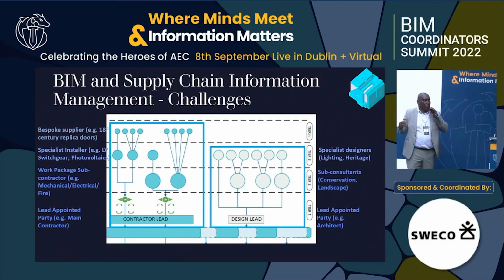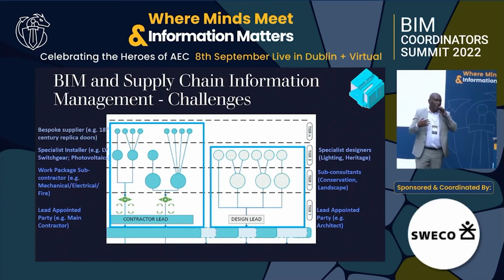Eventually, you've got somebody who is producing replica 18th century doors. And then you're trying to work out, well, how do we generate the information from that person? And the truth be told, asking that person to walk around with, for instance, a laptop with Excel spreadsheets open and fill them in is really not going to work.